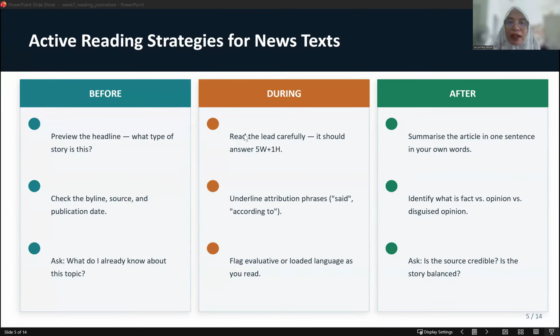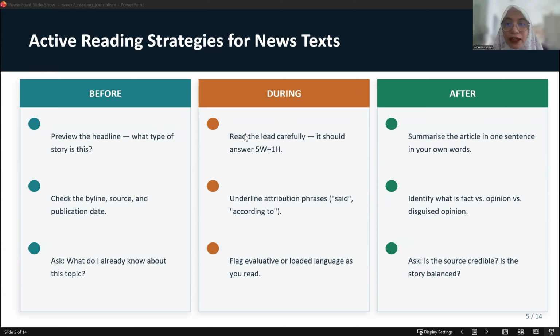Maksudnya seperti itu. Berarti ini biasanya misalkan disematkan pada orang. So if there's something like 'said' or 'according to', it usually states the source, ya sumber, what is the source of the article. Jadi sumber atau narasumber dari artikel ini. And flag evaluative or loaded language as you read. So we'll learn about this later when we're discussing opinions and facts.